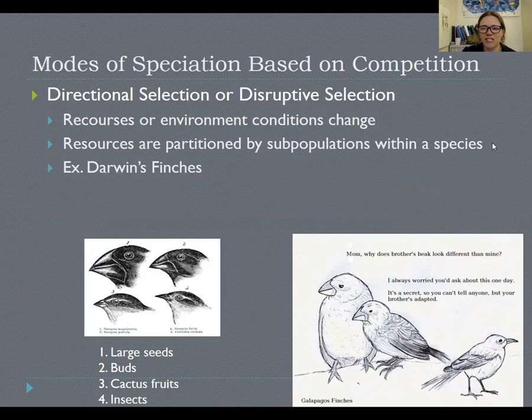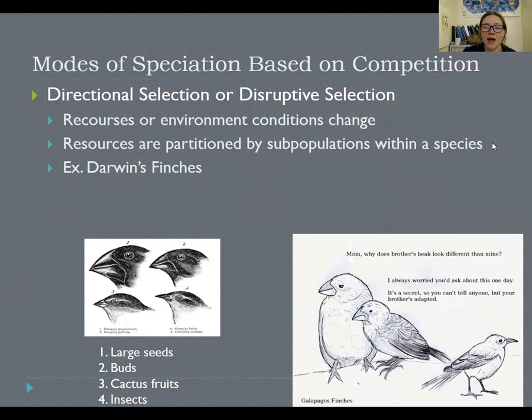But they had differences, and those differences were well tailored to the particular resources they were taking advantage of. They were living in slightly different locations, in some cases on totally different islands, of different sizes, and those islands had slightly different plant communities and slightly different resources.